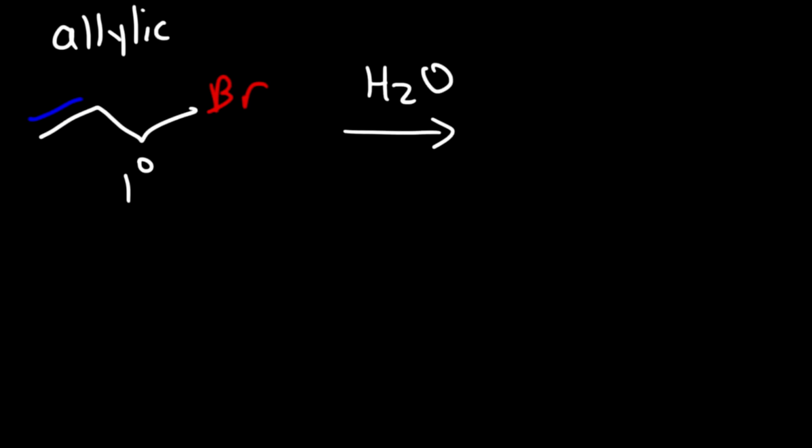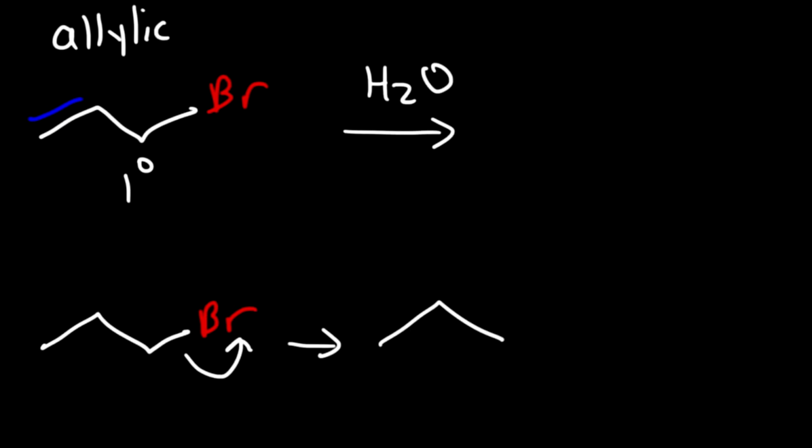The reason why normal primary alkyl halides like this one don't work well with SN1 reactions is because it's extremely difficult to form a primary carbocation. Primary carbocations are not stable.